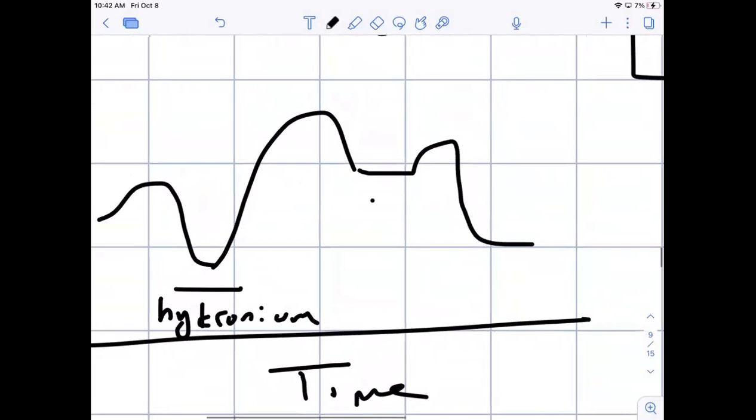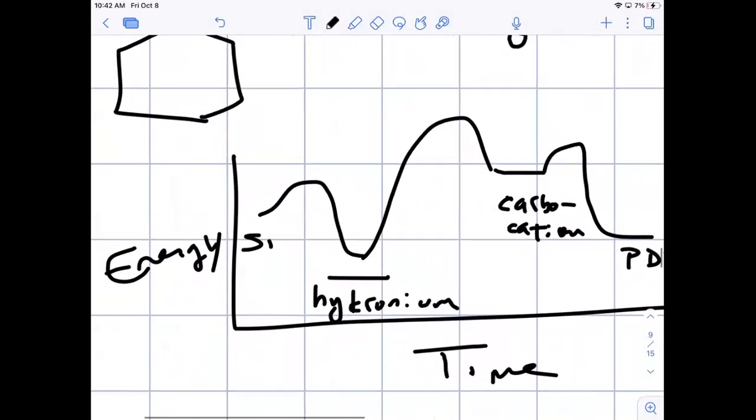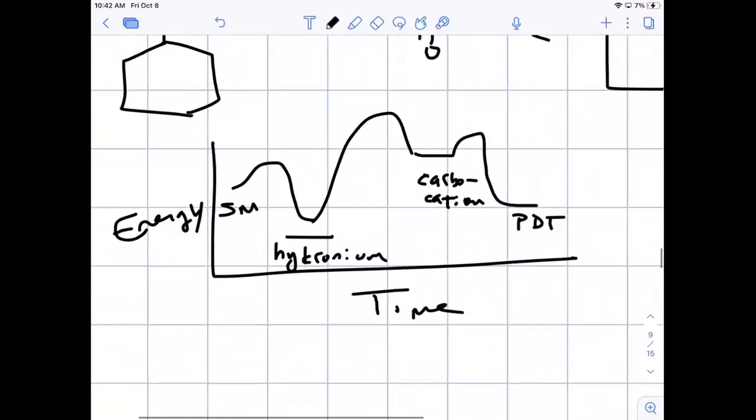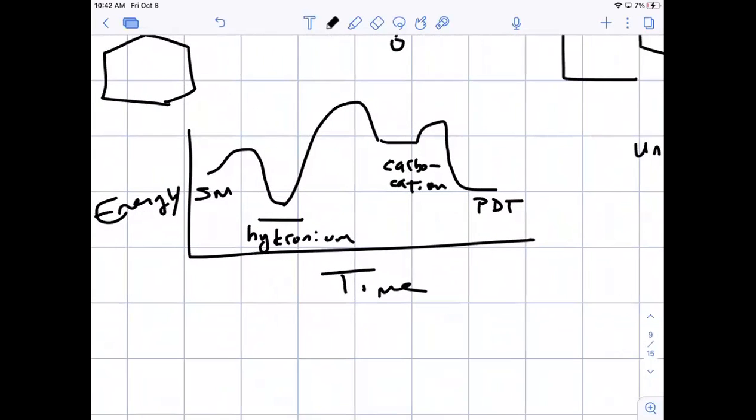This is your carbocation. And then this is your product. These are your start materials, right? So this is an approximation. Now, I'm not sure what the actual activation energy is for each step, but the slow step has to have a higher activation energy than the other two steps. Otherwise, it wouldn't be rate determinant. So that's what the energy diagram would look like.